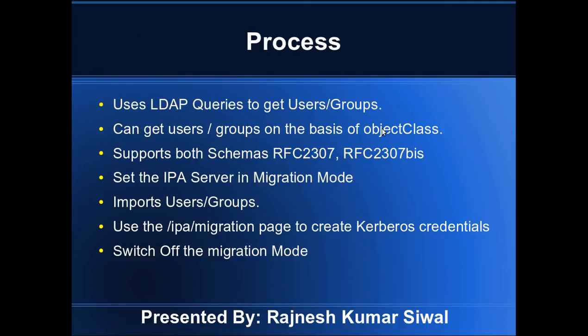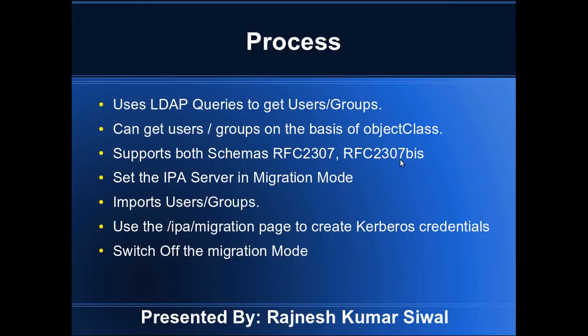Groups can be fetched out on the basis of object class. It could be POSIX group or something else. It supports both schemas, which are RFC 2307 and 2307 BIS. The difference is the way the groups are stored and the way the members of the groups are defined. In 2307, the members of the group are identified by the memberUid attribute.